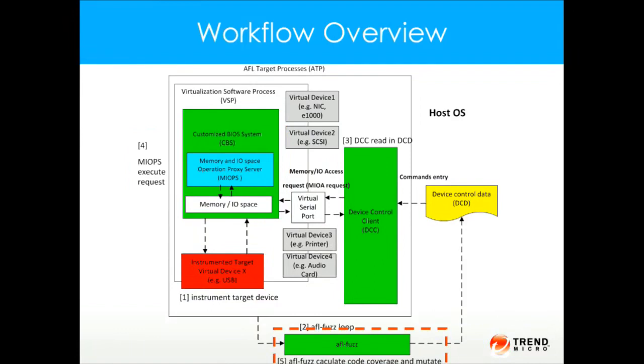And finally, the AFL fuzz will calculate the code coverage and mutate the device control data for further fuzzing in the whole loop.